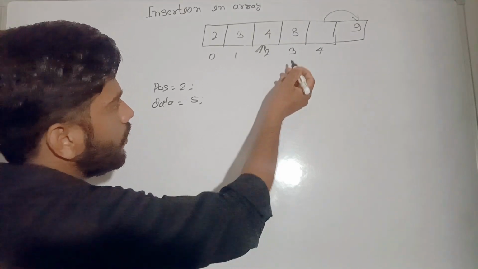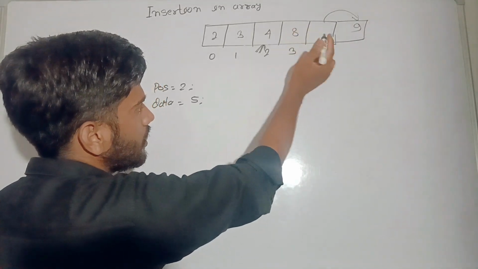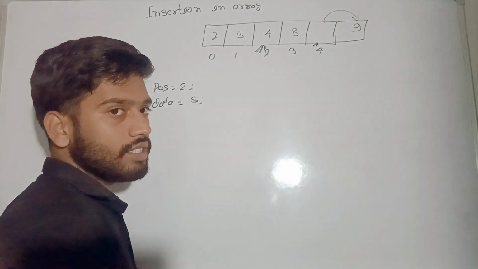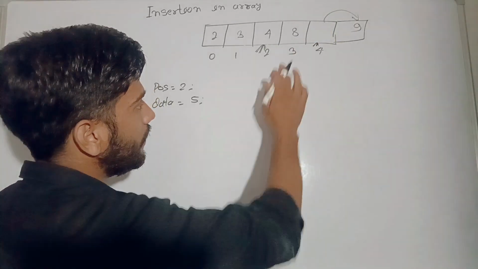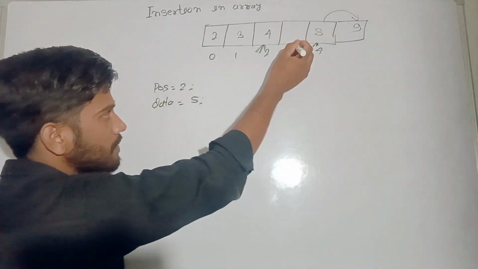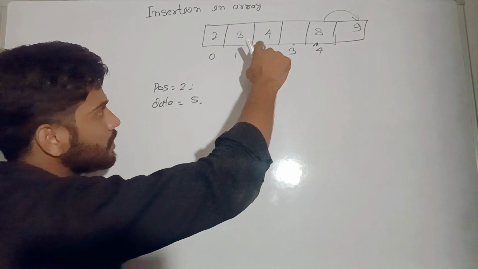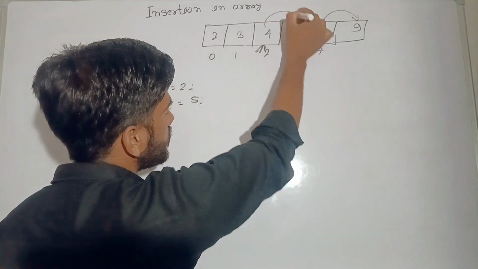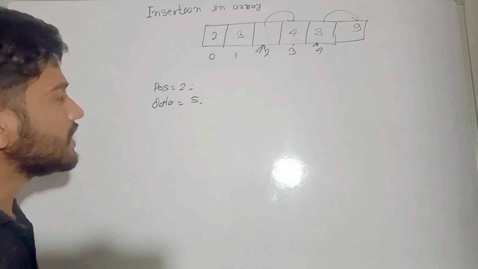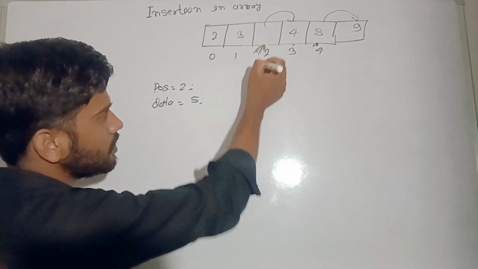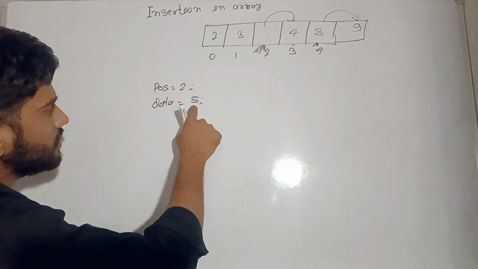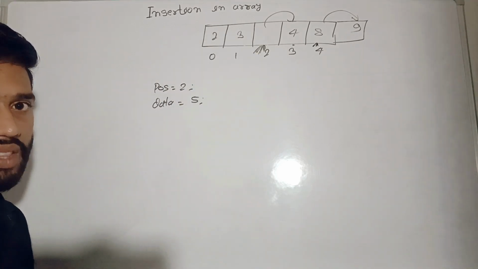Now here is an empty place, and at the empty place we can shift other data. Then 8 will be shifted here, there is an empty space, and at the empty space we can shift this data. Now 4 has been shifted here, and easily we have freed this space. If we have freed this space, then we can insert any data.